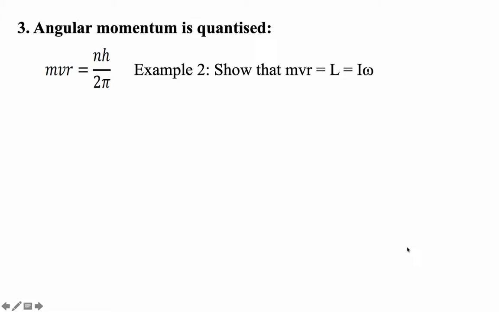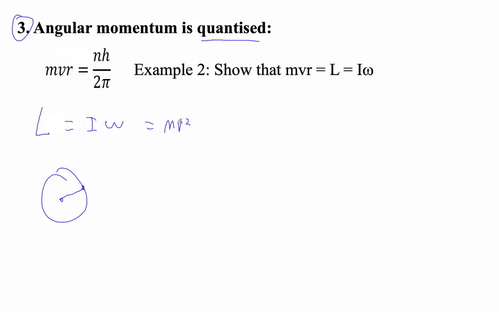All right, let's take a look at the next assumption here. The third assumption of the Bohr model, or premise, or whatever, is that angular momentum is quantized. Bohr had to quantize something, so he quantized angular momentum. Now, if you recall, angular momentum is the moment of inertia times omega, right? And if you've got an object, a mass, the lollipop equation for moment of inertia is just mr squared, right?